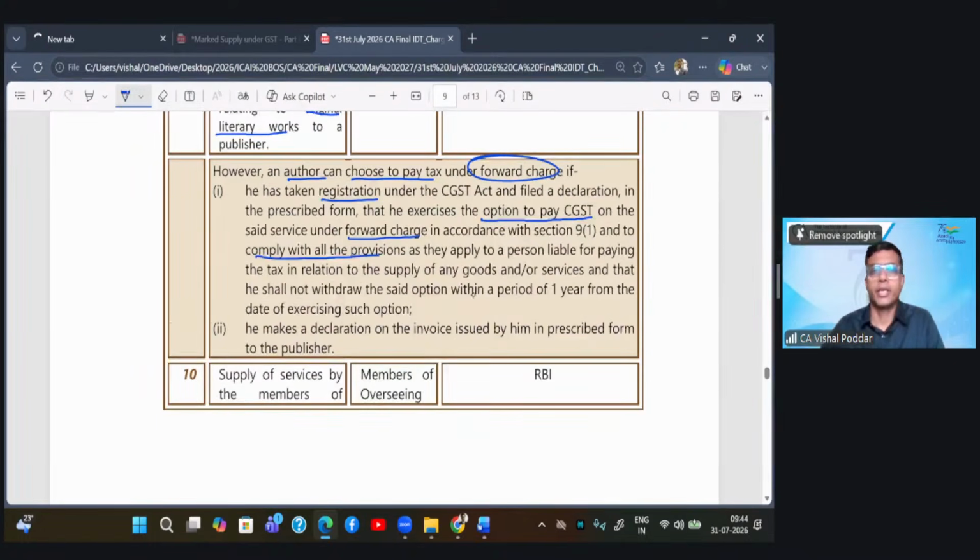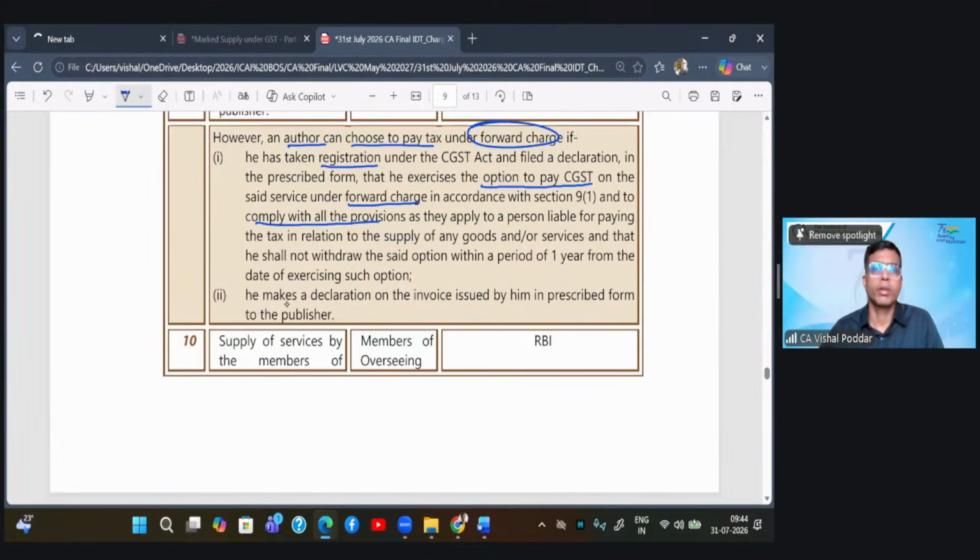Correct? Second, I have to give a declaration on my invoice so that the publisher is informed. I've given the declaration in the prescribed form that I am taking registration and will be paying tax under forward charge. Why inform him? So that he comes to know which option I have opted for.